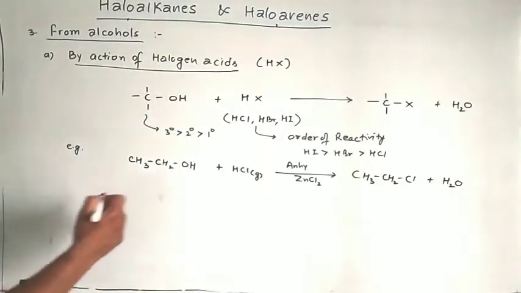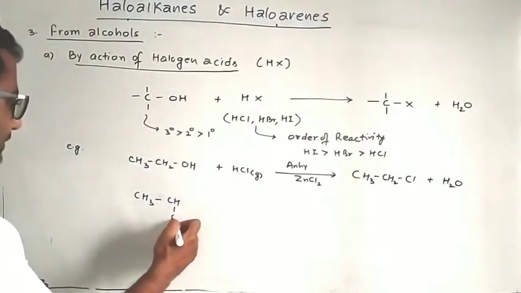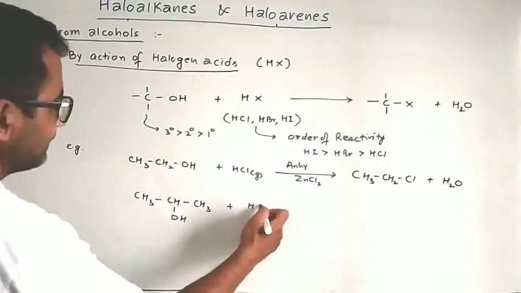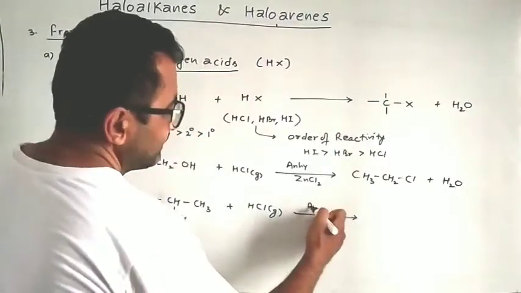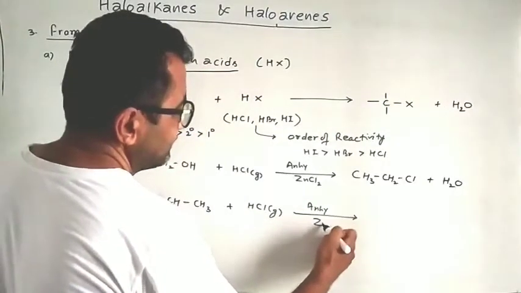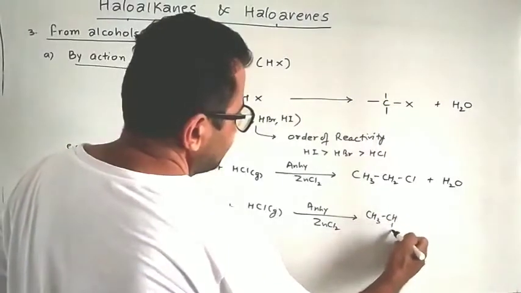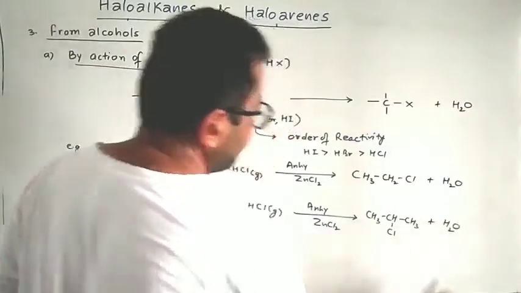If we have, say, isopropyl alcohol and we are adding the same reagent in the presence of anhydrous ZnCl2, it will give you isopropyl chloride. Very simple reaction.